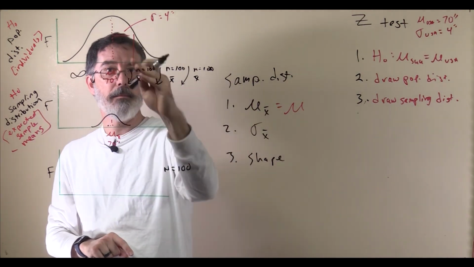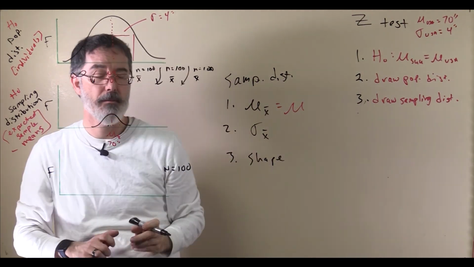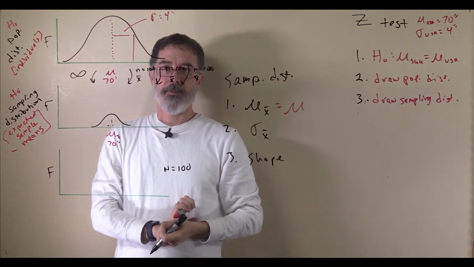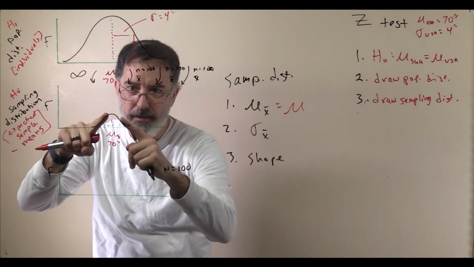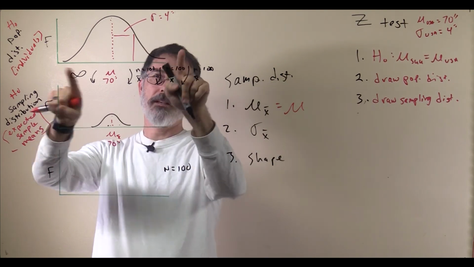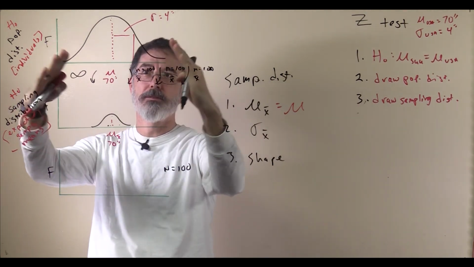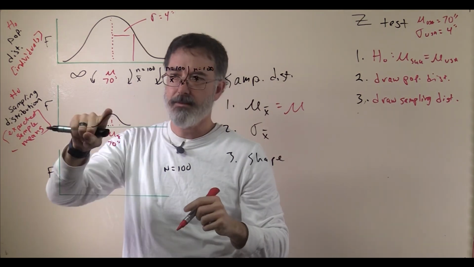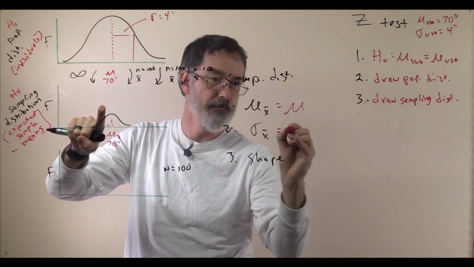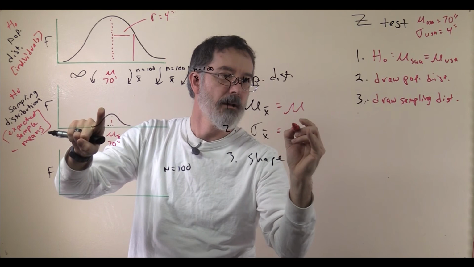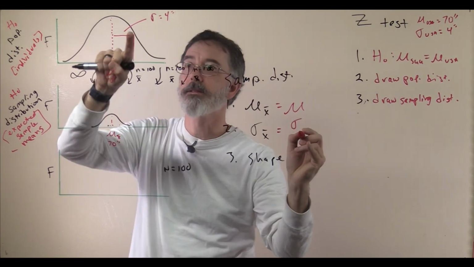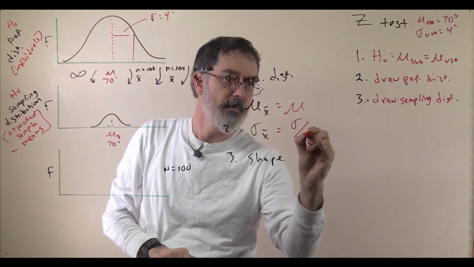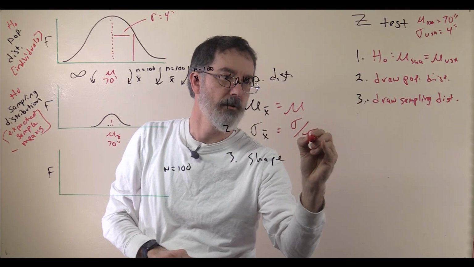So this is random sampling that connects the sampling distribution to the population. And because these sample means have less variability, they're pulled in towards the middle compared to the population, the standard deviation of this distribution, remember it's also known as the standard error, is going to be the population standard deviation divided by the square root of your sample size.